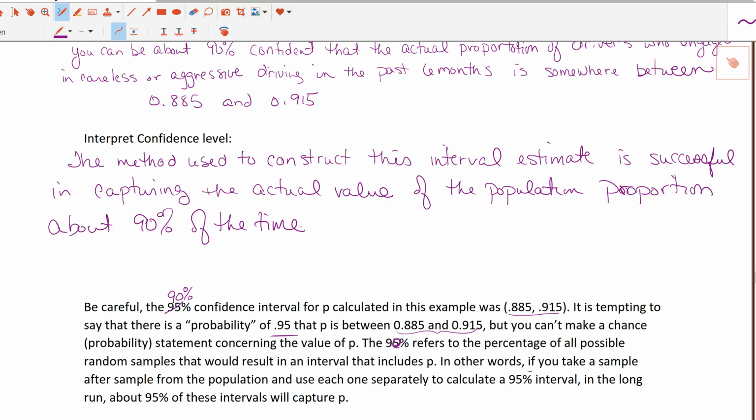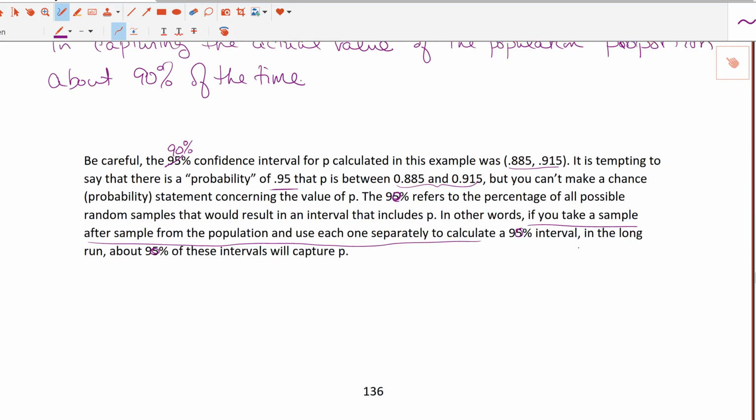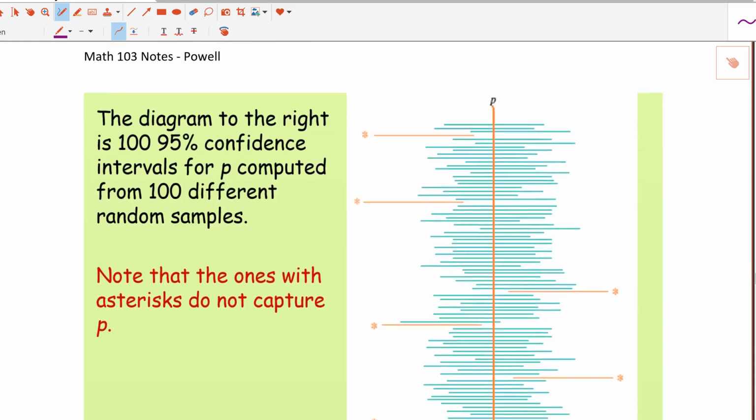So what it means is if you take a sample after sample after sample from the population and use each one separately to calculate a 90% interval, in the long run, 90% of these intervals would capture P. It doesn't mean that that specific one you have captured P.